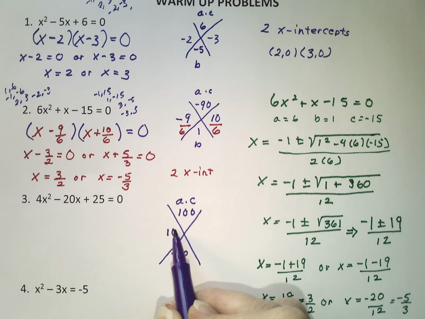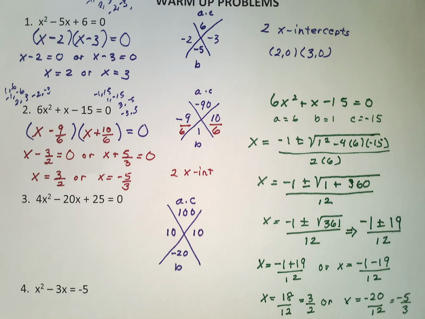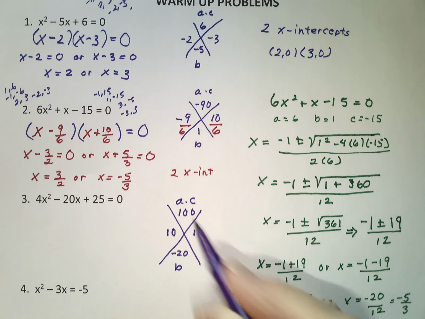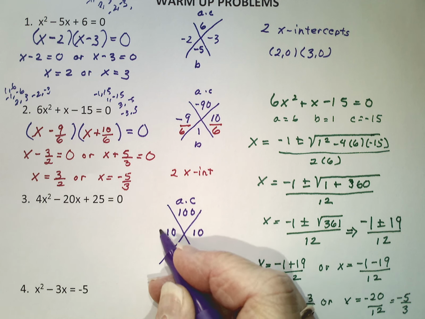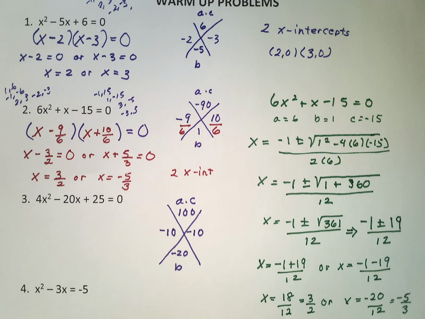I'm going to go with 10 times 10. That will multiply out to 100, but in order to add up to negative 20, they would each have to be a negative 10. Negative 10 times negative 10 is a positive 100. Negative 10 plus negative 10 adds up to negative 20.